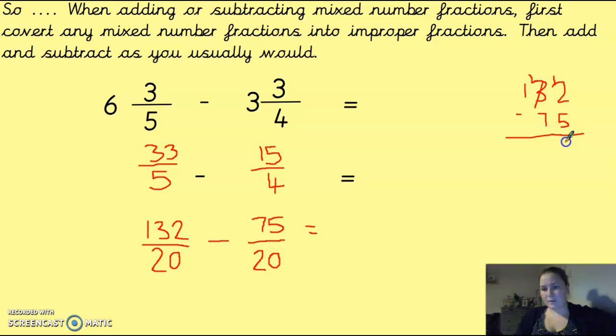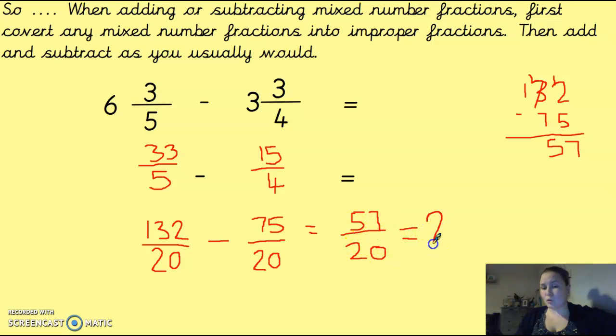Okay, so I can set it out like this and then do my exchanging as normal. 12 take away 5, 7. 12 take away 7, 5. 57 over 20. And then if I'm going to convert that back into a mixed number, how many 20s have I got in 57? So how many wholes?